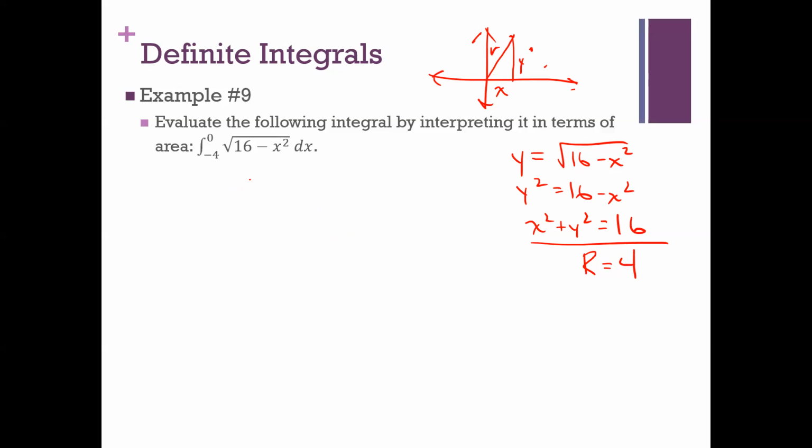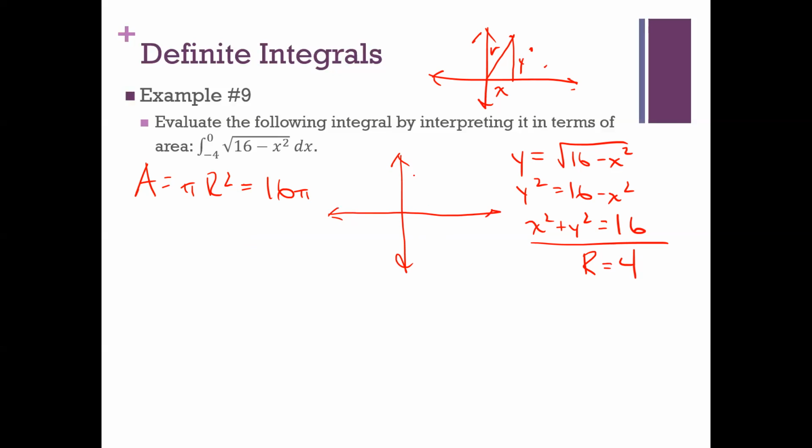That's one thing we need to think about here. All right, the area is equal to pi r squared, right? 16 pi? Is my area 16 pi? So now that we know what we're looking at, we're looking at a circle of radius 4, right?